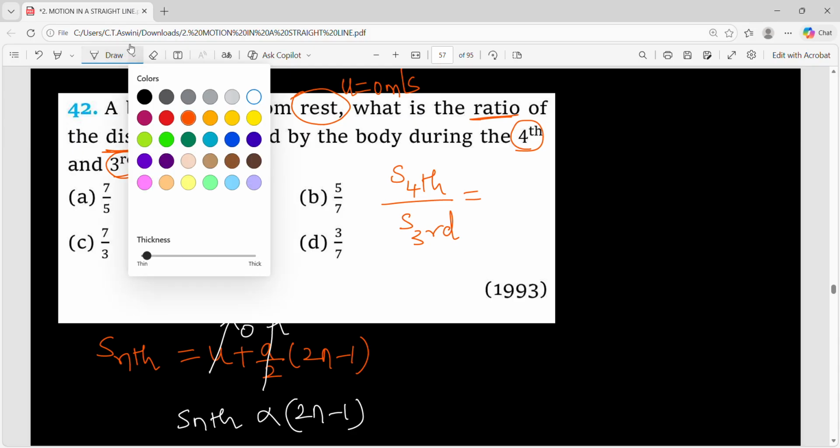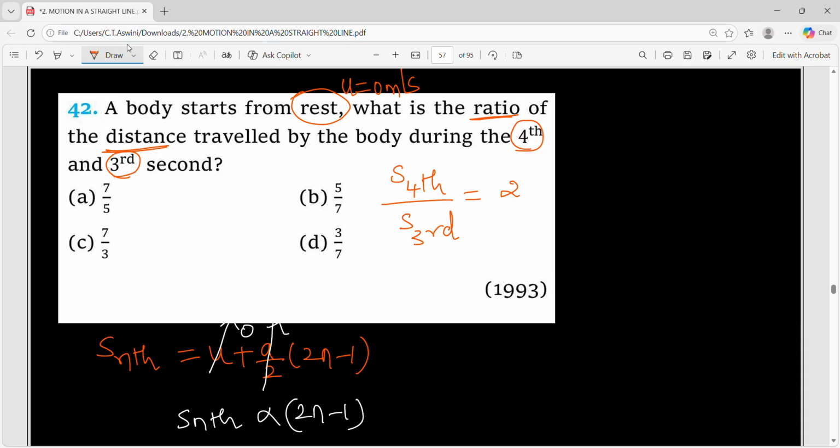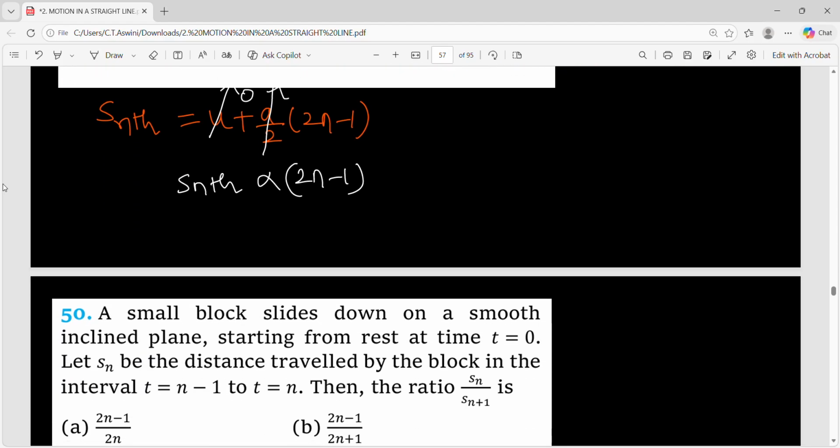Yes. So just substitute that data here. S fourth, 2 into n is 4 here, minus 1, divided by 2 into n minus 1, n is 3 here. So how much do we get? 8 minus 1, 7, 6 minus 1, 5. So what is our answer? Option A, 7 upon 5. Hope you are clear with this S nth and solving the problems related to it.